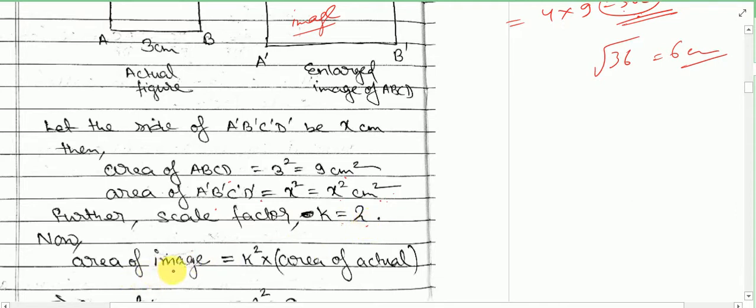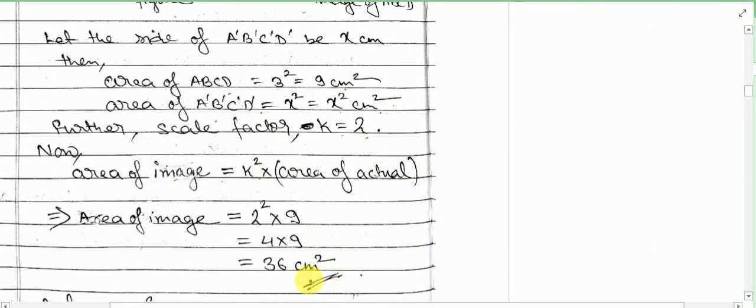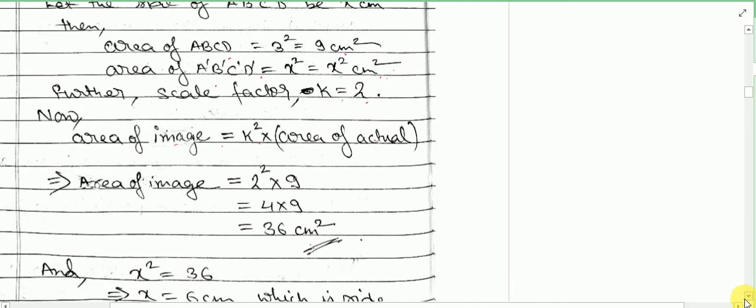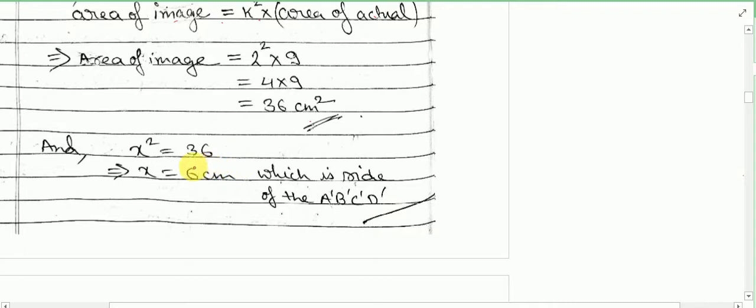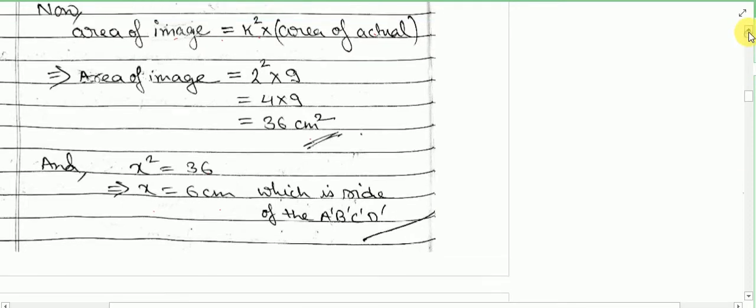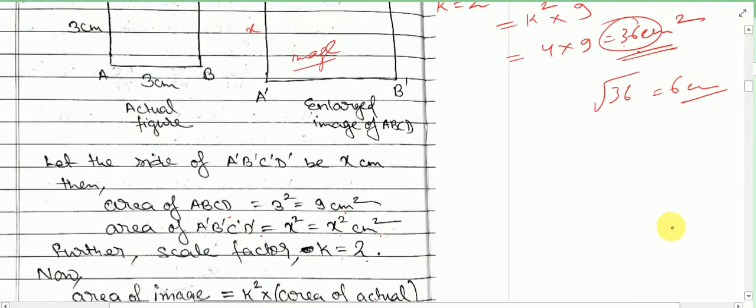Now we know that area of image will be k square into area of the actual. So substitute the values. So you get 36 centimeter square for the area of that image. And if you want to find the side of the image, you will get x square equal to 36, x equal to 6 centimeter. So you can pause the video and you can copy it.